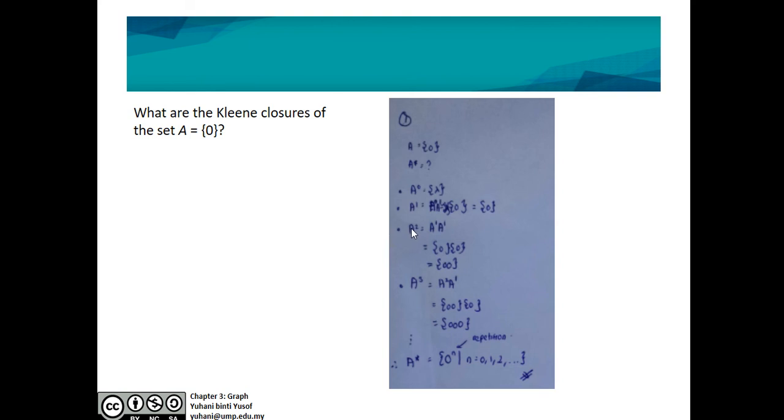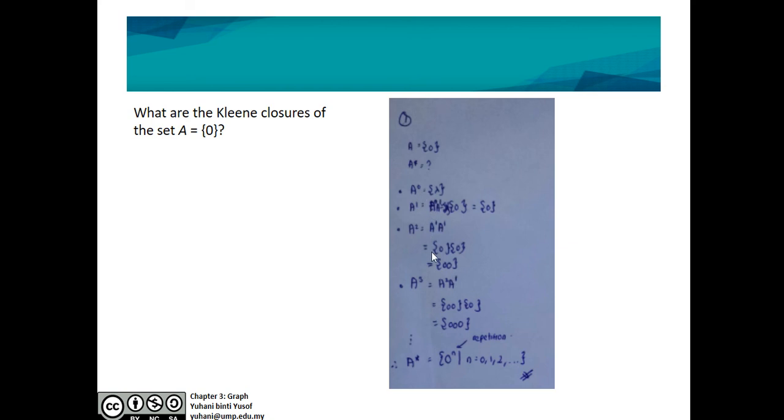A2 is the concatenation of A and A, so 0 and 0, so you get 00. A3 is the concatenation of A2 and A, so you get 00 concatenated with 0, which gives 000.